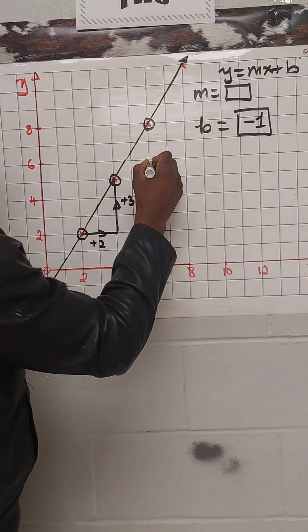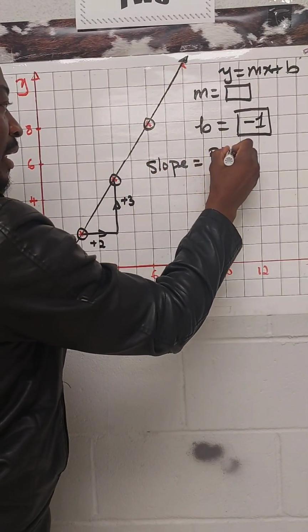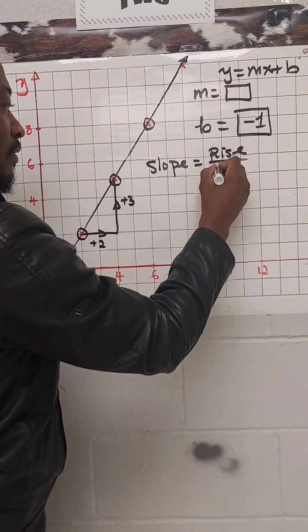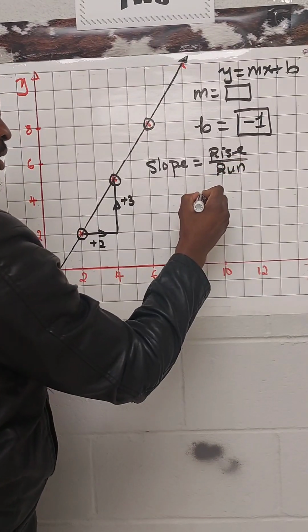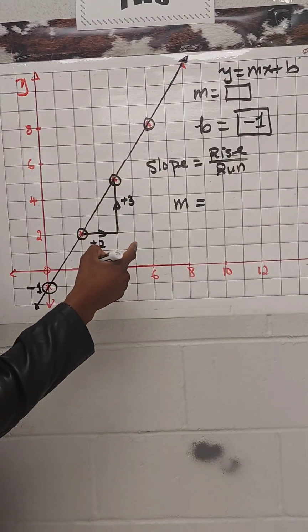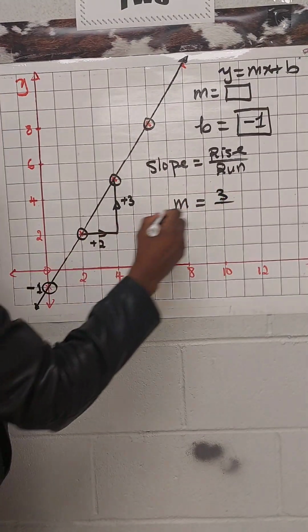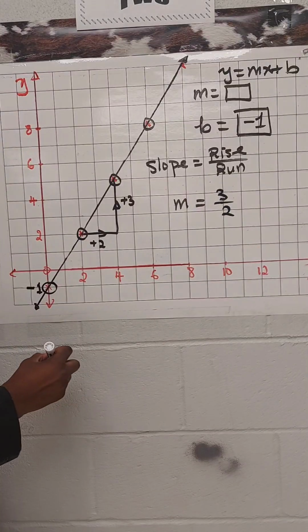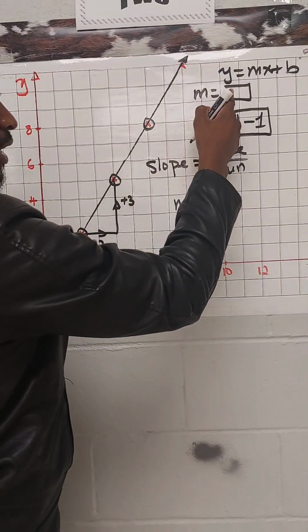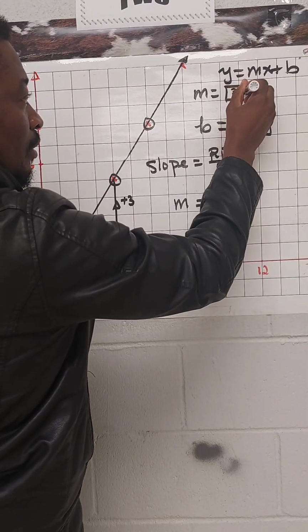So we know that slope is given by the ratio of the rise divided by the run. So now that I know slope is represented by the letter m, and my rise is 3 and my run is 2, then my slope is 3/2.